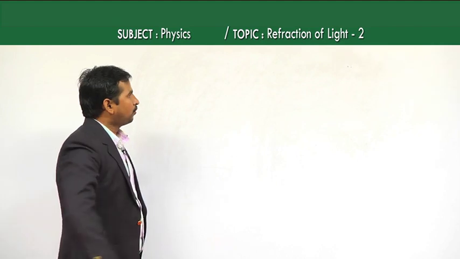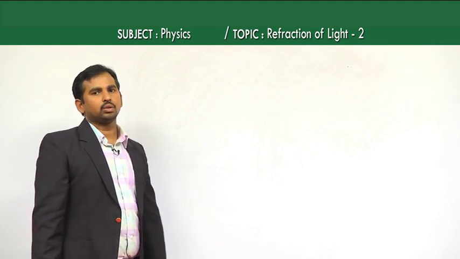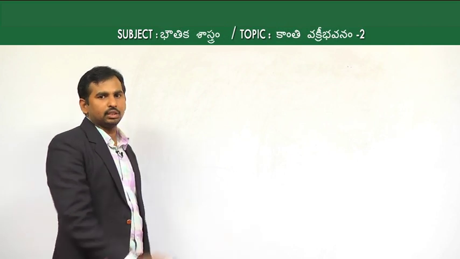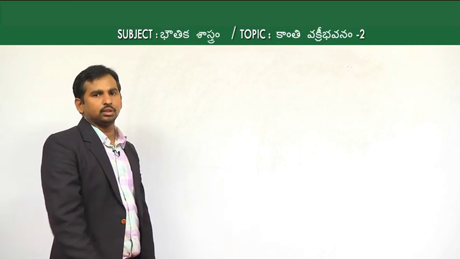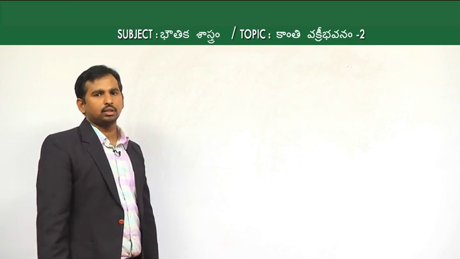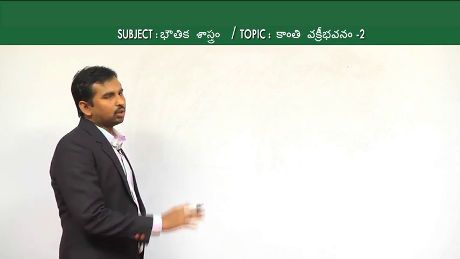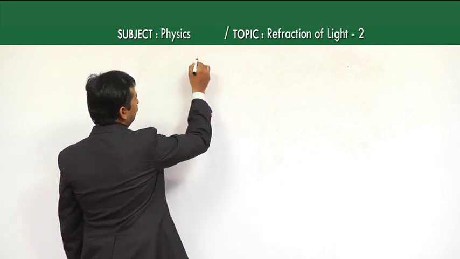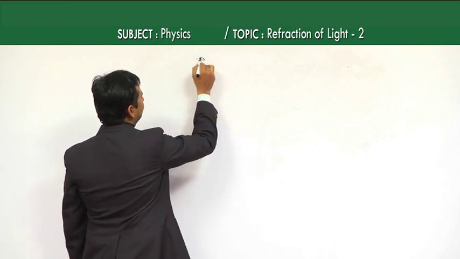Okay. Now, following those rules, we are going to draw the ray diagrams. The ray diagram means nothing but how the image is formed by a convex lens or a concave lens. If you want to draw the ray diagram, mainly we have to follow this. Make sure that when you are using light rays, we take a minimum of 2 light rays.